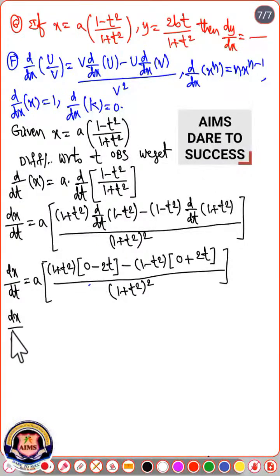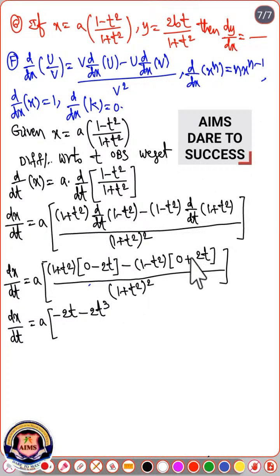Next dx by dt is equal to a into, so my dears, 0 minus 2t is minus 2t, multiply inside, minus 2t into 1 is minus 2t, next minus 2t into t square is minus 2t cube.